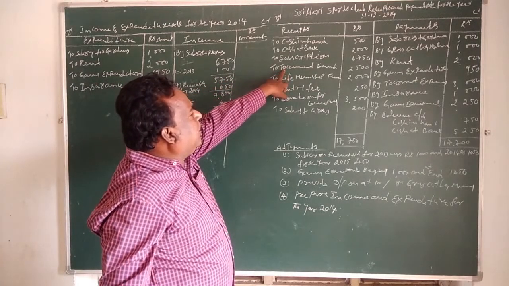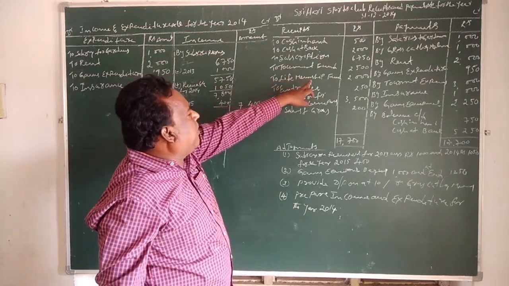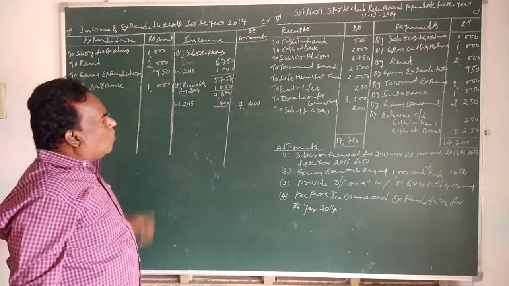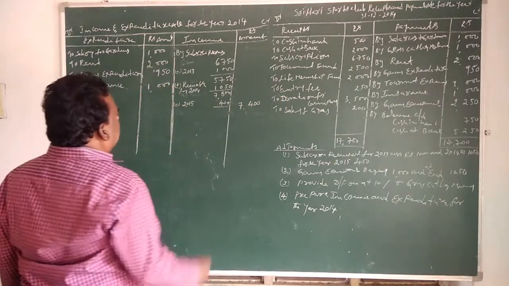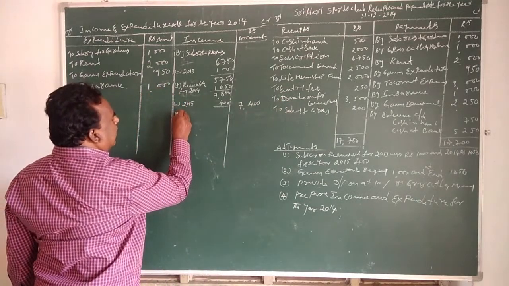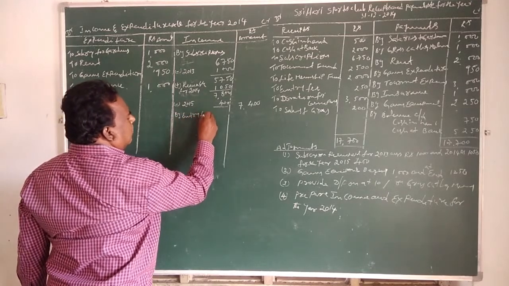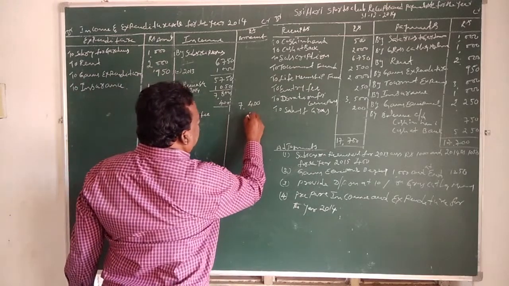The tournament fund is a capital item. It is not recorded in the income and expenditure account. Similarly, the life membership fee is also a capital item and is not recorded in the income and expenditure account. Then, by entry fee 250.